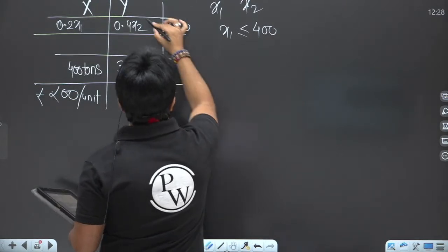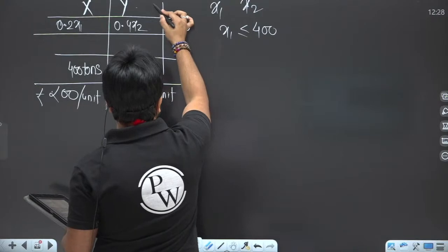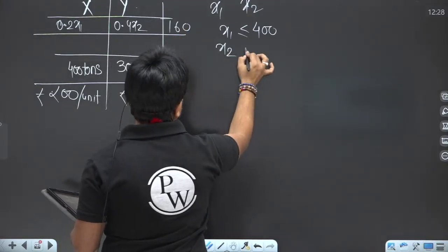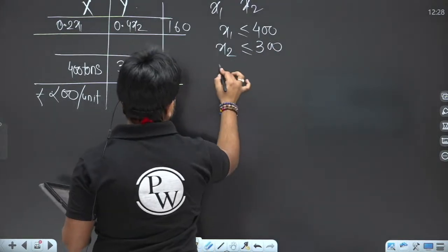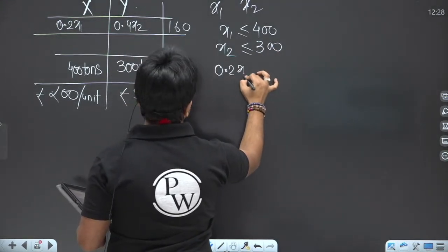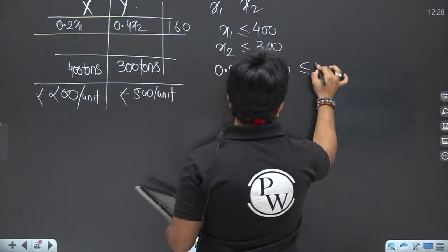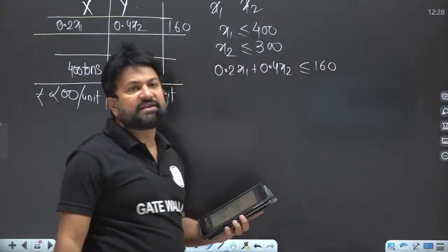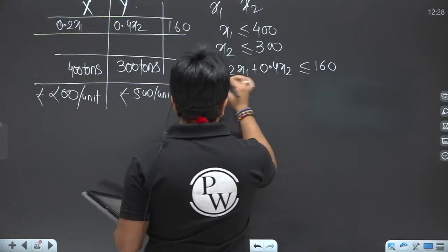Whatever number of product you are going to produce, x2 is less than or equal to 300 tons. Also 0.2 x1 plus 0.4 x2 is less than or equal to 160, since you cannot take more than that many hours.